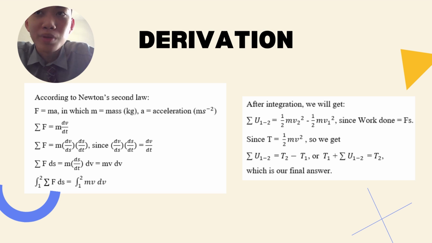Now we will apply the principle of work and energy here, and we will get 0.5 multiplied by 10 multiplied by 5 squared, plus 100 (S2 minus 0.6), plus 49.05 (S2 minus 0.6), minus 100 (S2 minus 0.6) squared, equals 0.